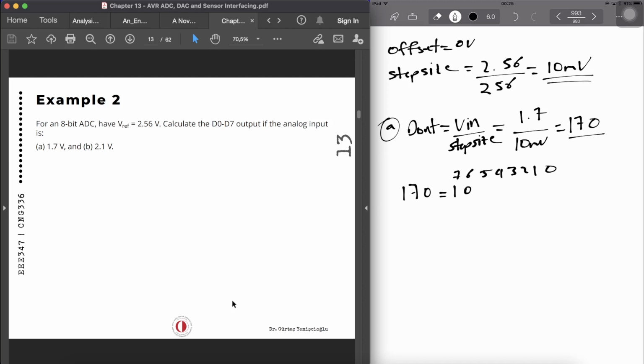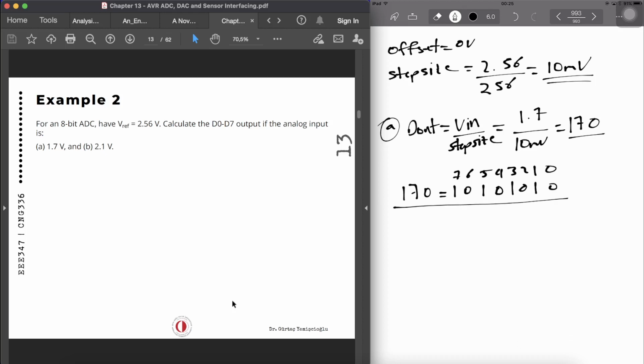So 128, then 32, it's going to be 160. Then 2 to the power 4, 16, is going to be too much. We need 10, so 8 plus 2, and we'll get 170 in binary.